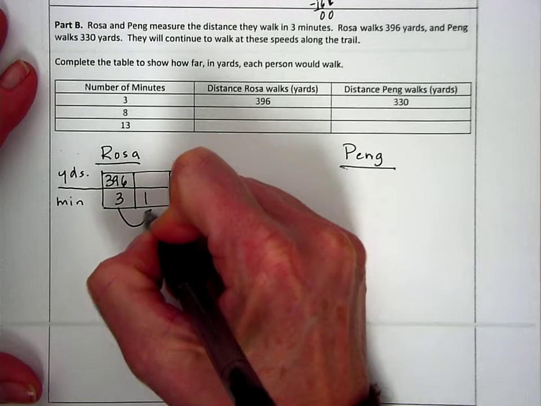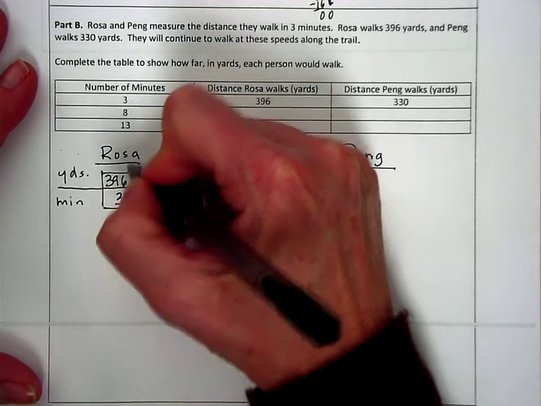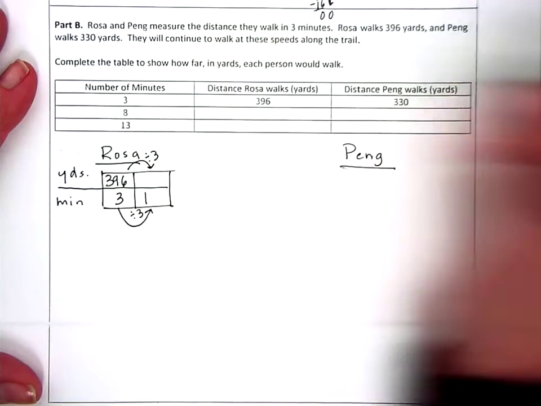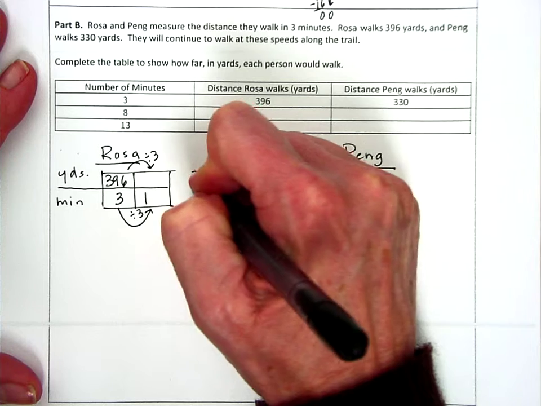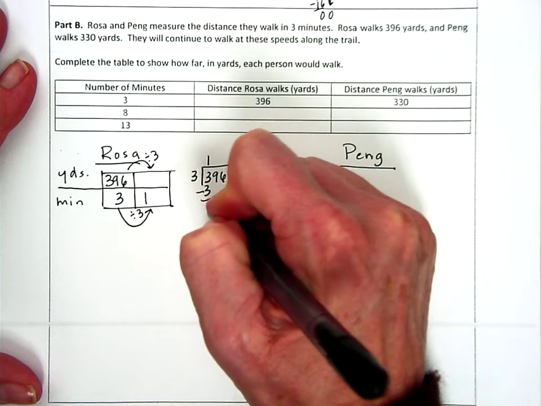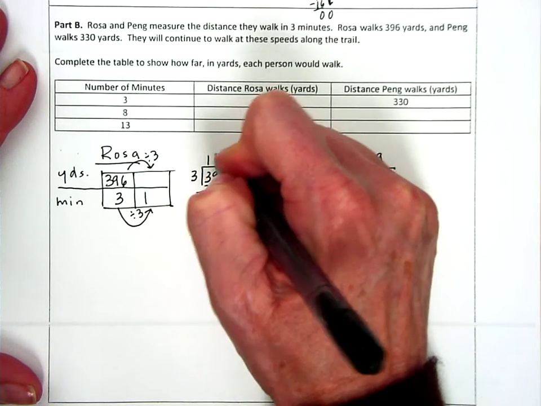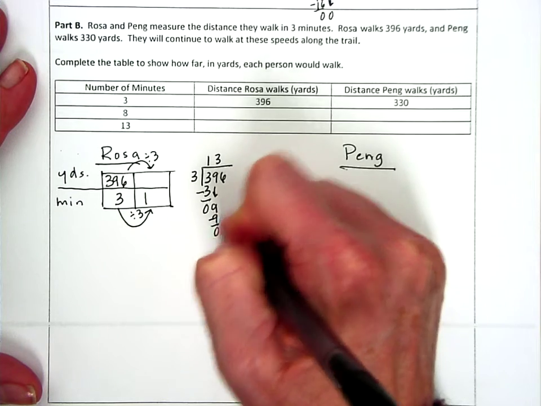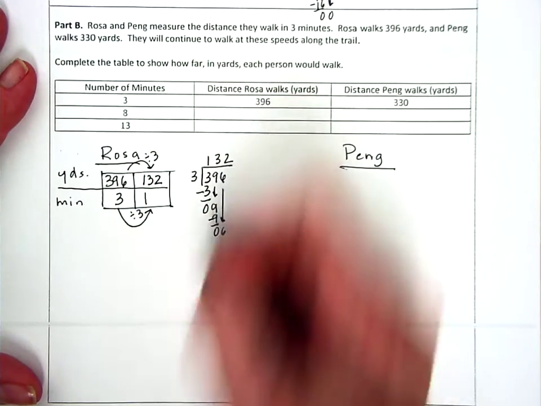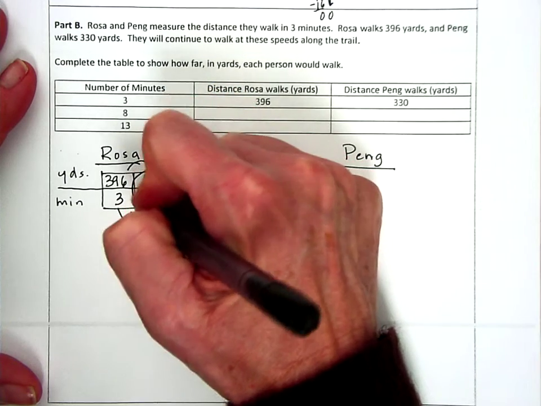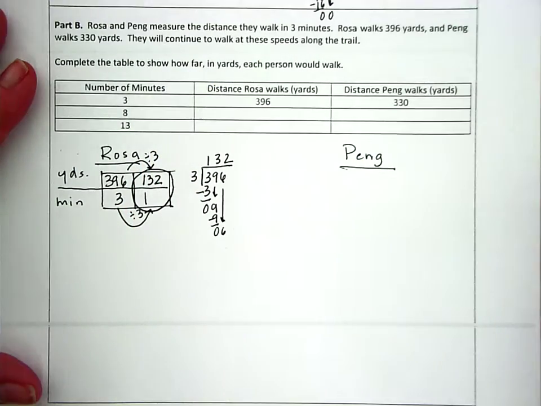So you can see that I would divide by 3, and then divide by 3, and 396 divided by 3 is 132 yards. This information is key, okay?